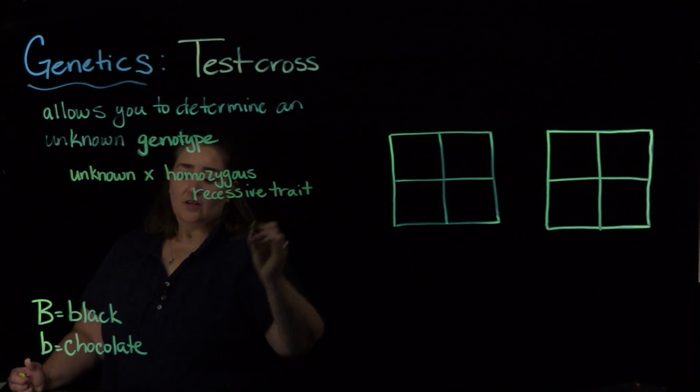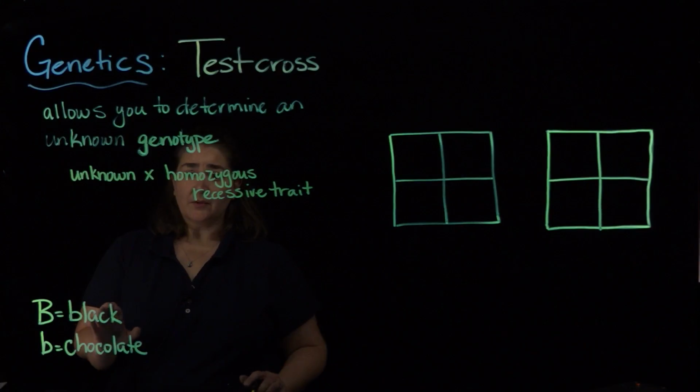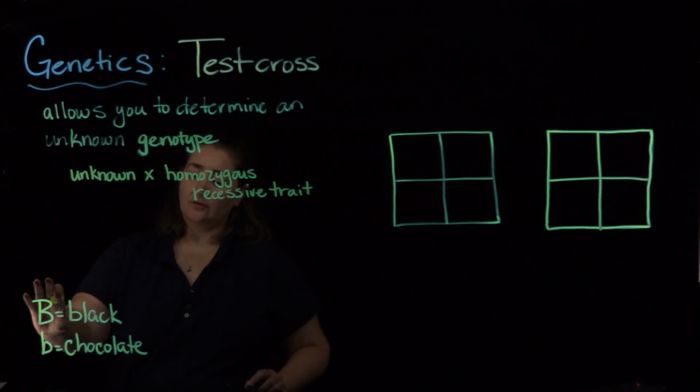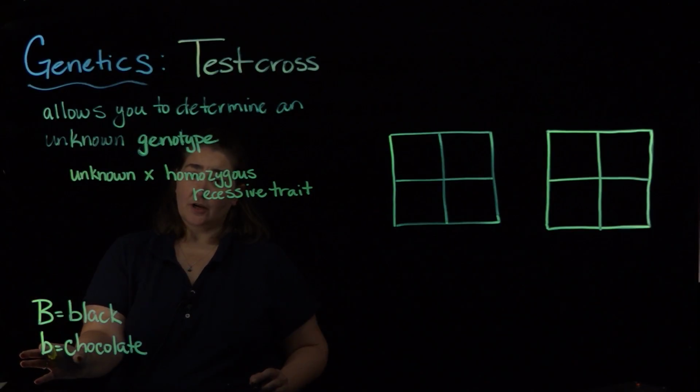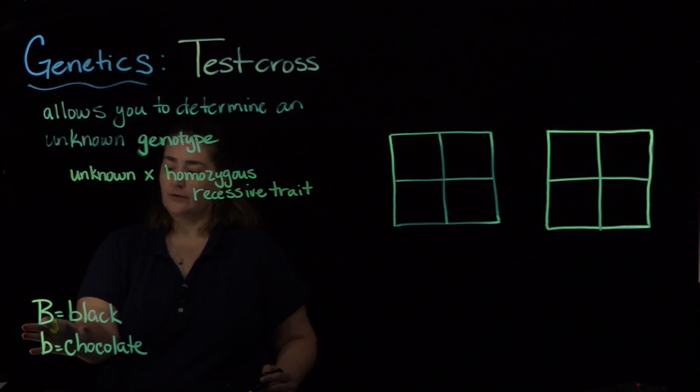With the example I've got in the PowerPoints, coat color in dogs, dominant coat color is black. Recessive coat color is going to be chocolate, or brown if you prefer.